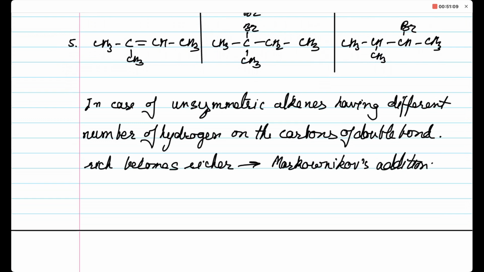And if the hydrogen attaches to the carbon of the double bond which has fewer hydrogens, that is, poor becomes rich, it is termed as anti-Markovnikov addition. Please remember there isn't anything called a Markovnikov rule or anti-Markovnikov rule.